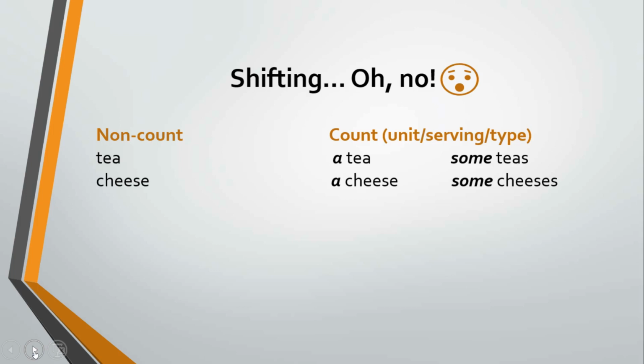So our non-count noun here is tea, and when we shift it to be a tea, it changes its meaning. So now when I say can I have a tea, I mean can I have one serving of a tea. Also, if I want to say I want to go buy some teas, I'm not being very specific, but at the same time I try to tell my listener I want to buy different types of teas.